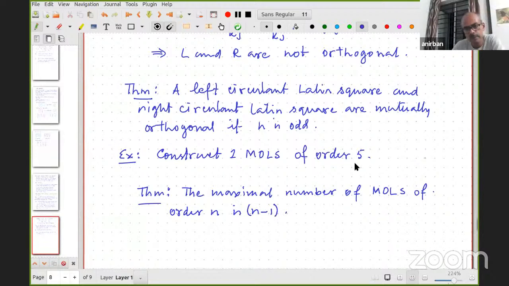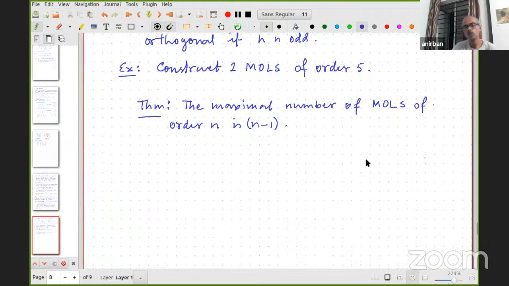For example, for 5, if you want 5 cross 5 Latin squares which are mutually orthogonal, then you can get at most 4 of them. That's also important. But for 5, we will be able to construct all 4. So we will see that a little later.